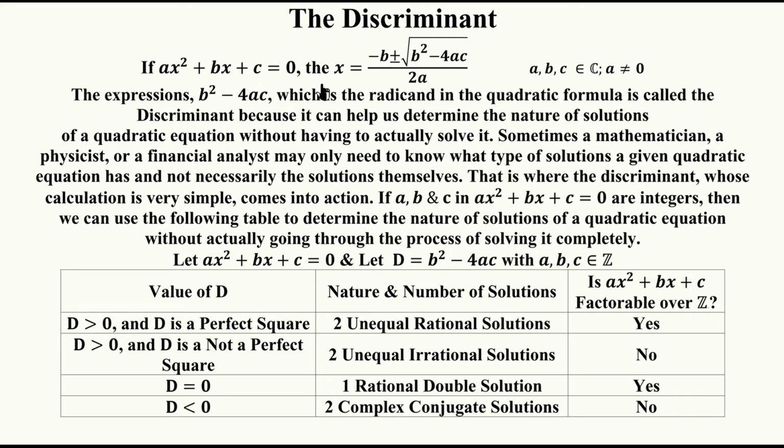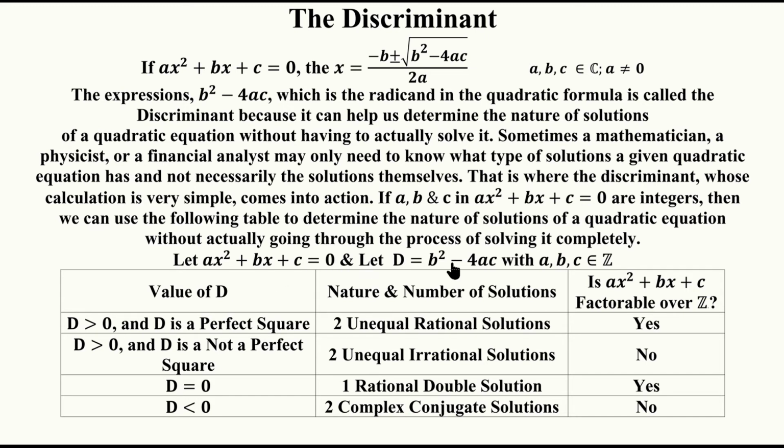Now, remember that we said these quadratic equations can be solved by this formula even if the coefficients are complex. But if we limit ourselves to what's really common, which is that the coefficients are integers, then some interesting results come out of the discriminant.